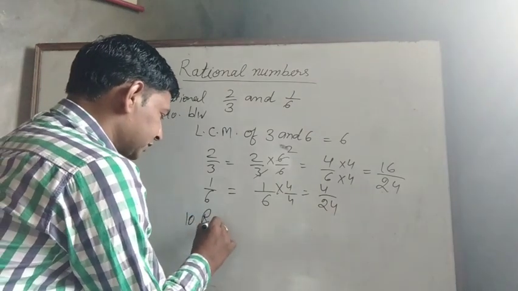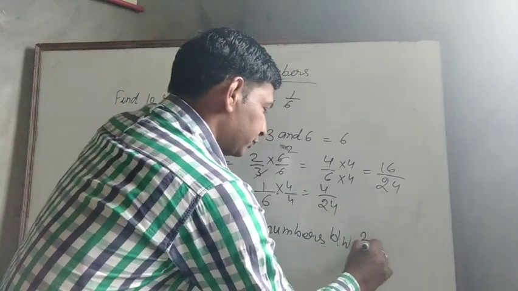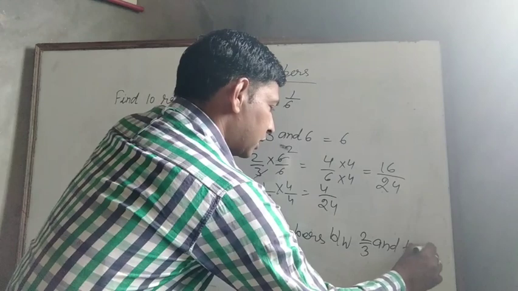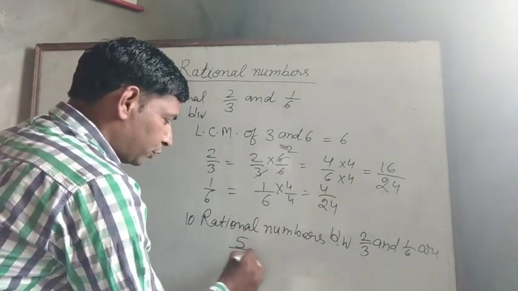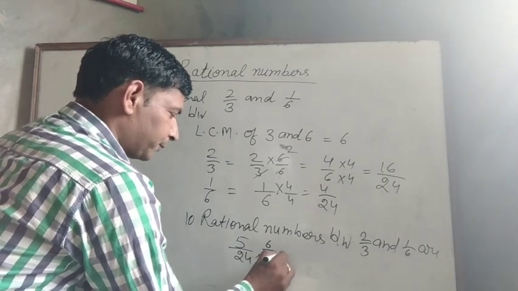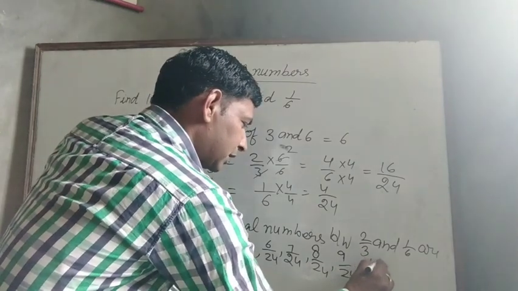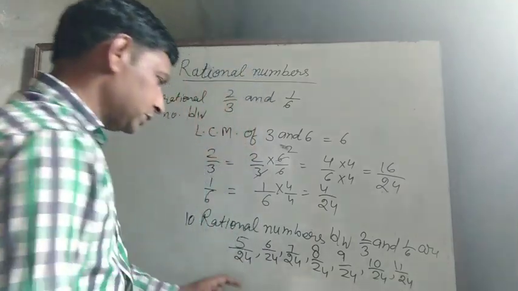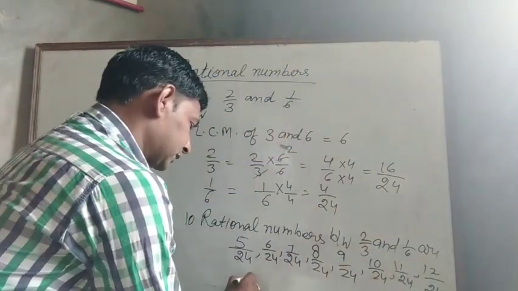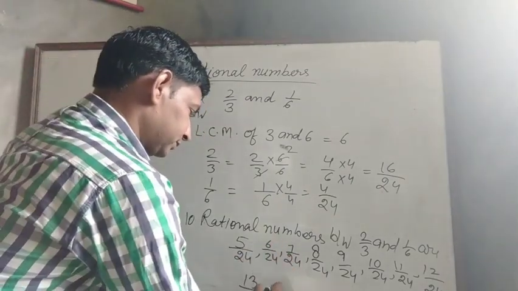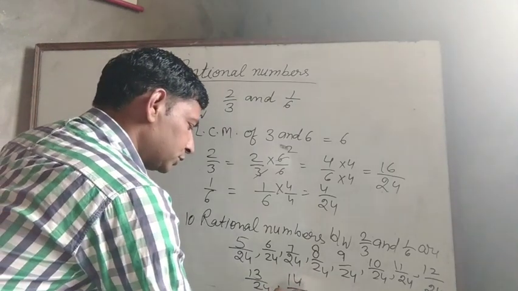Now the 10 rational numbers between 2 upon 3 and 1 upon 6 are: 5 upon 24, 6 upon 24, 7 upon 24, 8 upon 24, 9 upon 24, 10 upon 24, 11 upon 24, 12 upon 24, 13 upon 24, 14 upon 24.